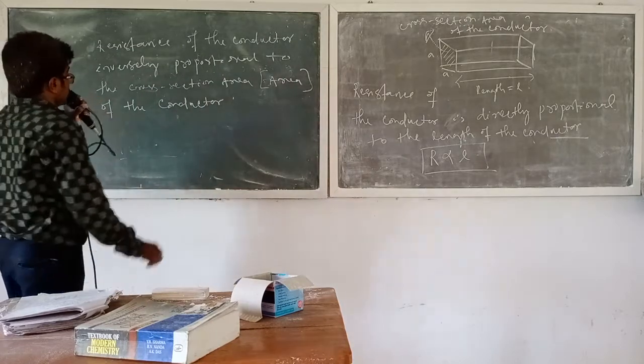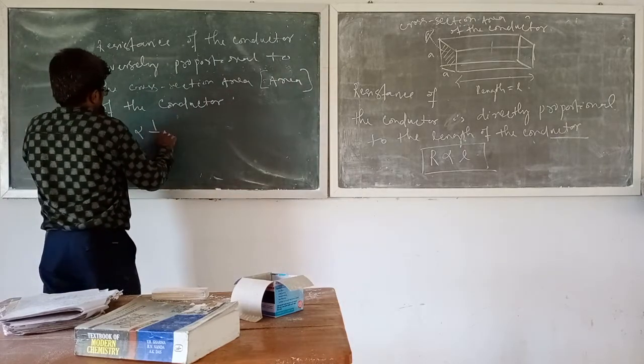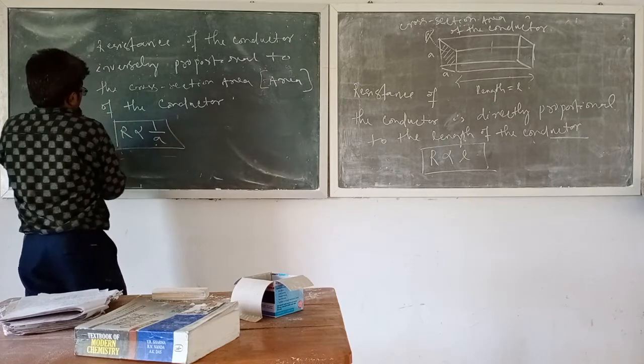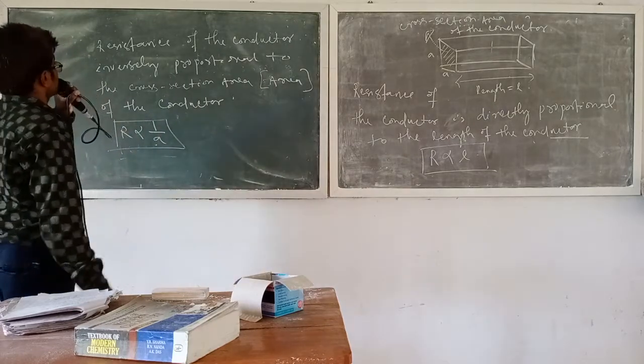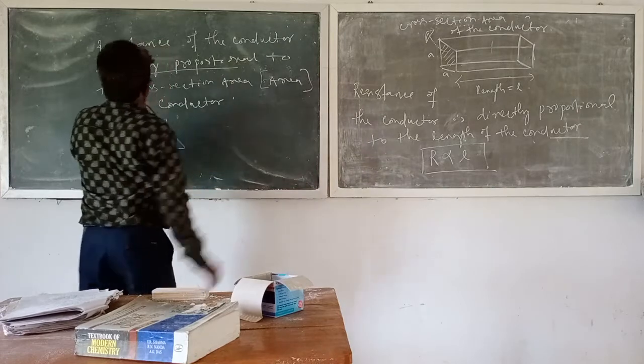Mathematically, this can be written as R proportional to 1 by A. Why is it 1 by A? Because it is inversely proportional to the cross-sectional area of the conductor.